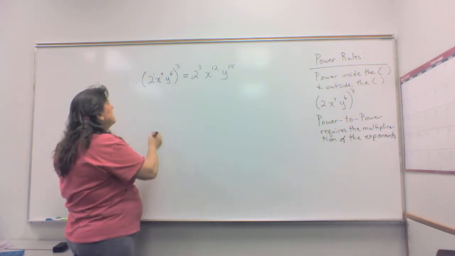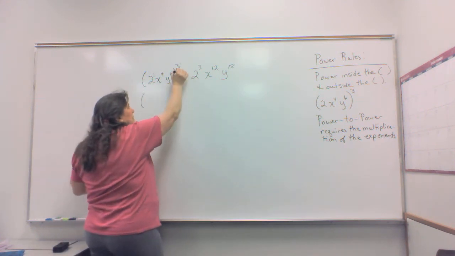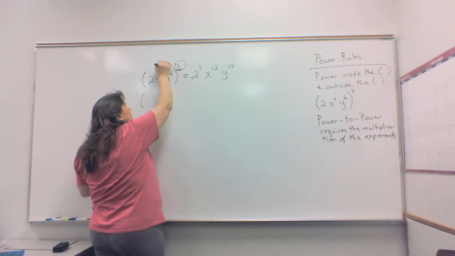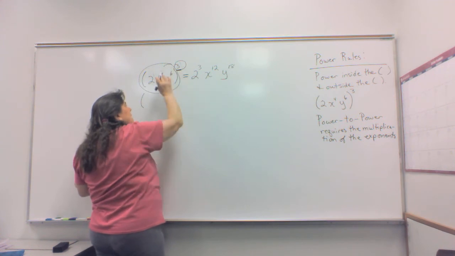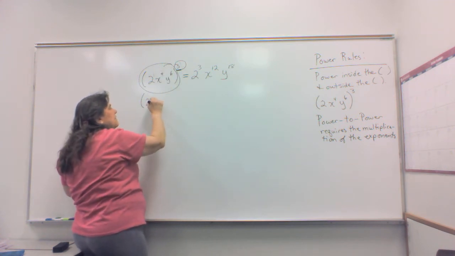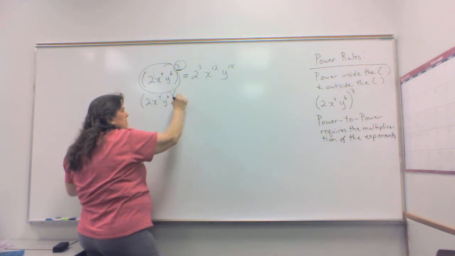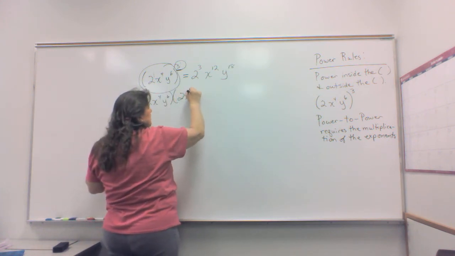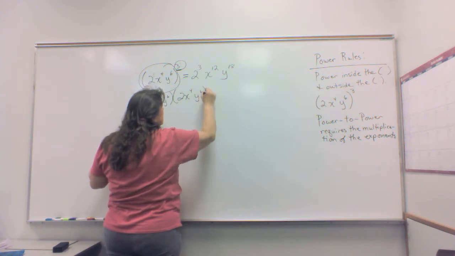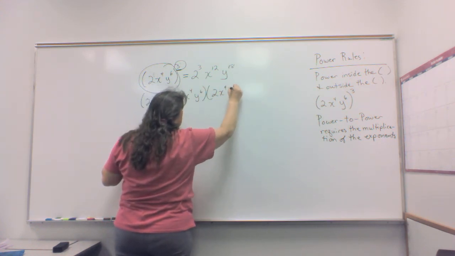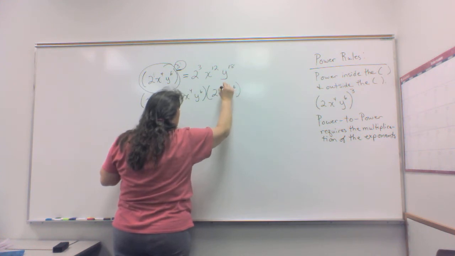So why is this true? Well, remember what the definition of exponent says? This says this whole thing is the base, that base is used as a factor 3 times. So we're going to write it down: 2x to the 4th, y to the 6th, times 2x to the 4th, y to the 6th, times 2x to the 4th, y to the 6th. All right?